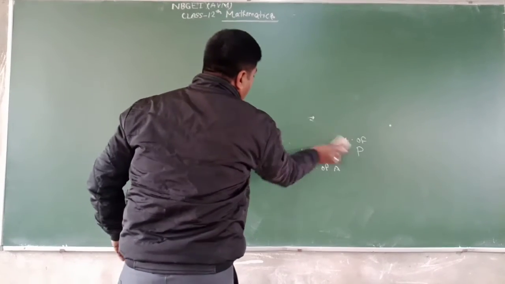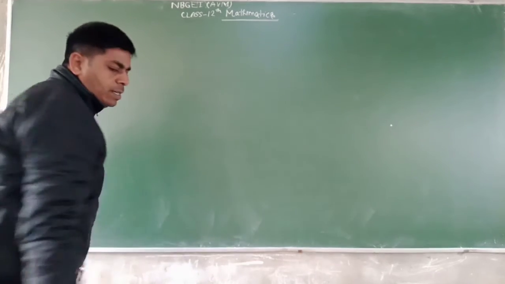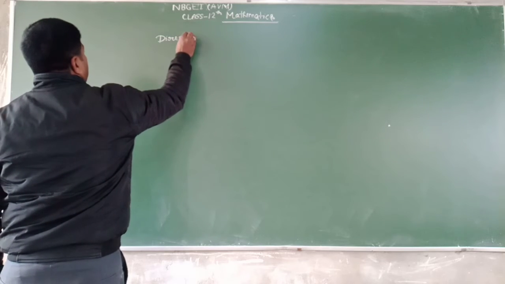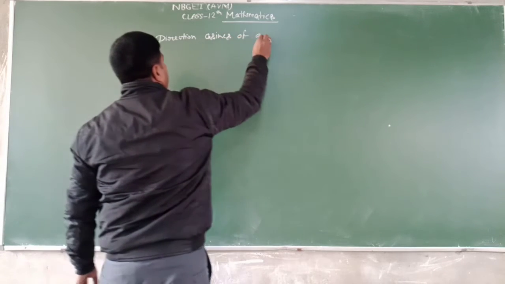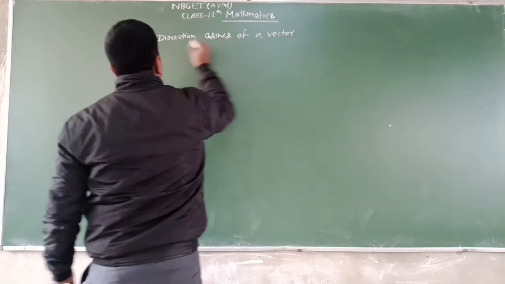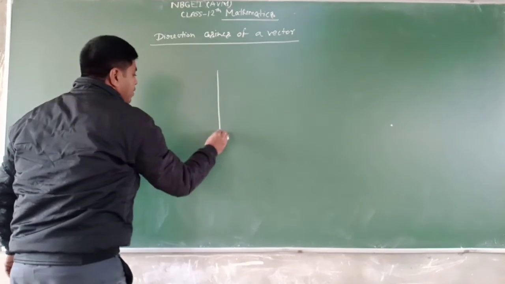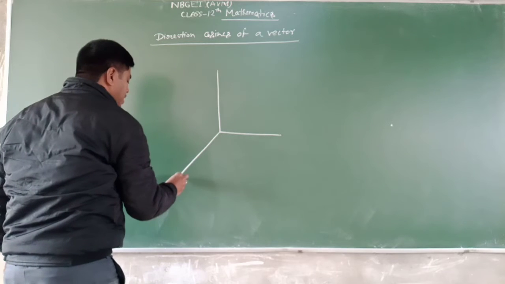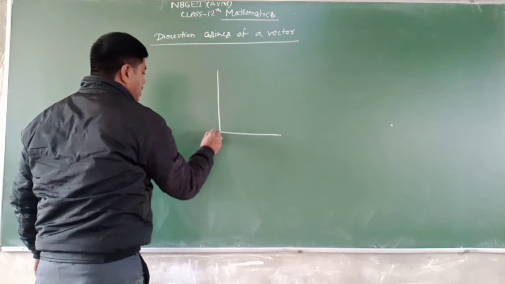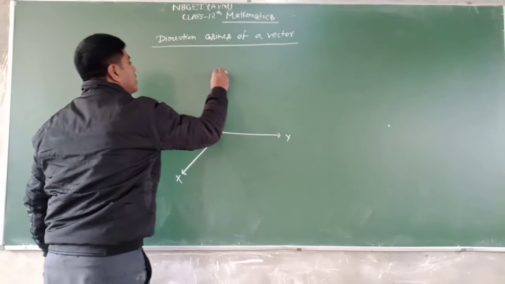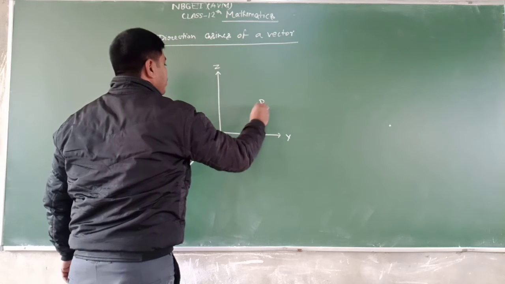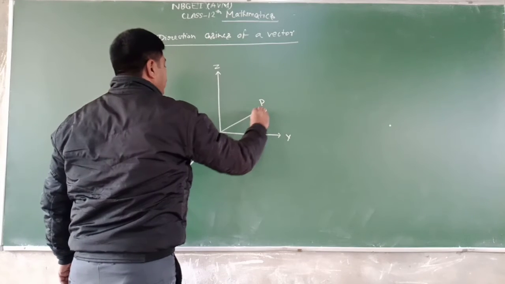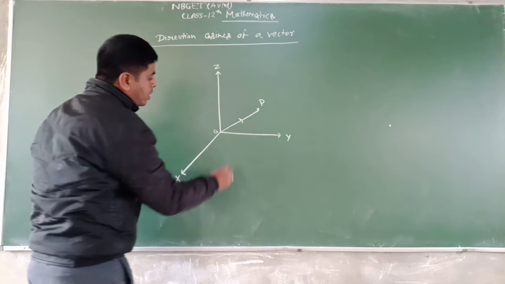Now move on to the direction cosines of a vector. Suppose we have these three axes, positive x-axis, positive y-axis, positive z-axis, and we have a point P, and the position vector of the point with respect to O is OP vector.